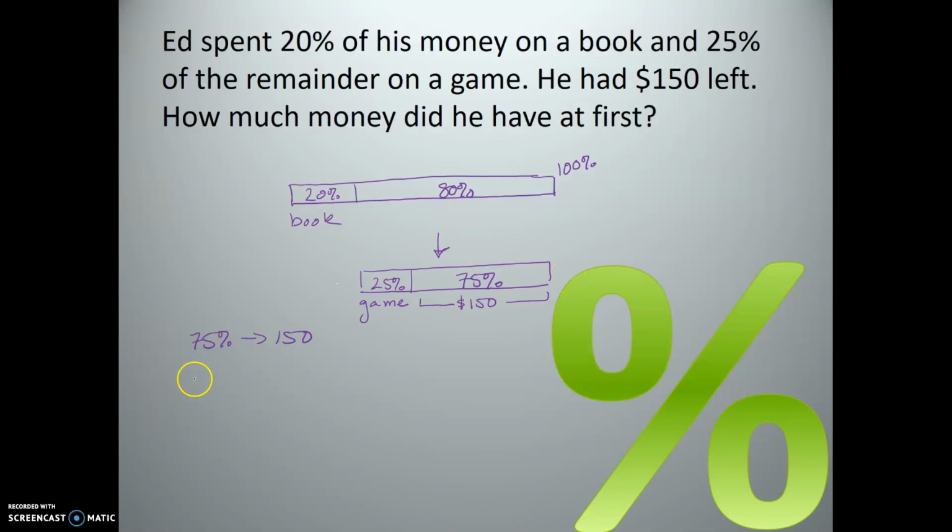Okay, so 75% is $150. So 1% is 150 over 75. And 100% is going to be, if I just simplify 150 over 75, I'm going to be at 2 times 100, which is $200.